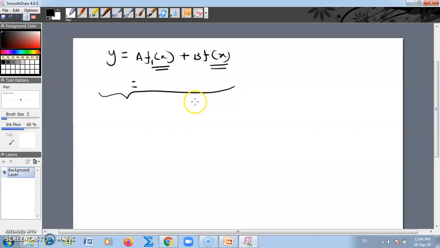So for the method, let us start like this: power series solution about the ordinary point.